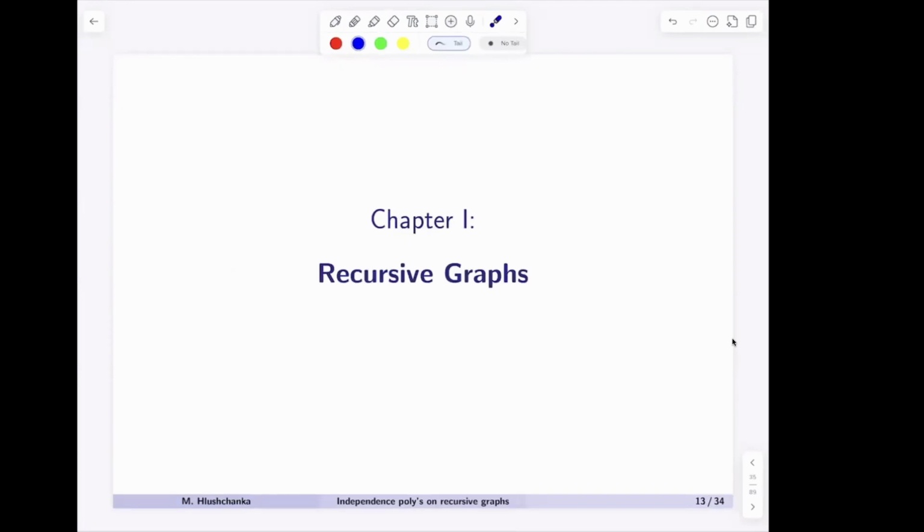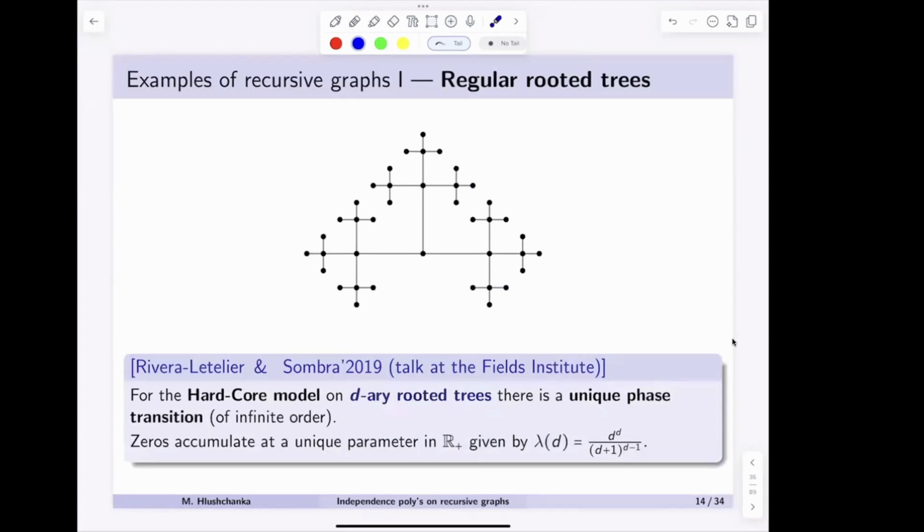As we will see later, in the recursive situation we'll have a natural dynamical system, and this will help us to analyze the phase transitions. But before I go to the precise definition of the recursive graphs that we consider in this talk, let me mention two known results.